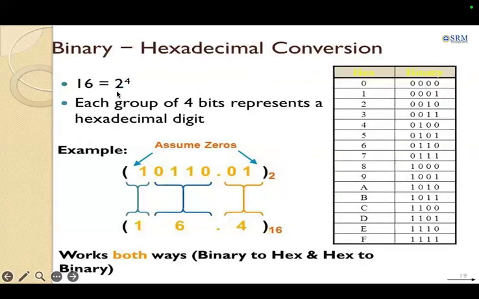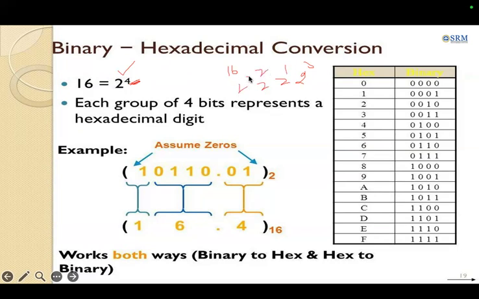And similarly, binary to hexadecimal conversion. Octal means it is 8, right? So hexa means it is 16. 16 in terms of 2 power is 2 power 4. So every hexadecimal value can be represented by an equivalent binary with 4 bits. 4 bits will take the weightage of 2 power 0, 2 power 1, then 2 power 2, then 2 power 3.